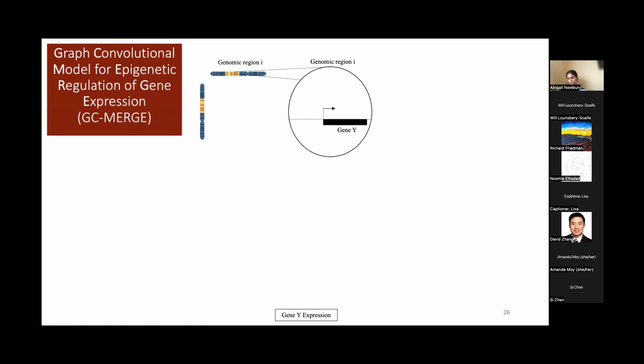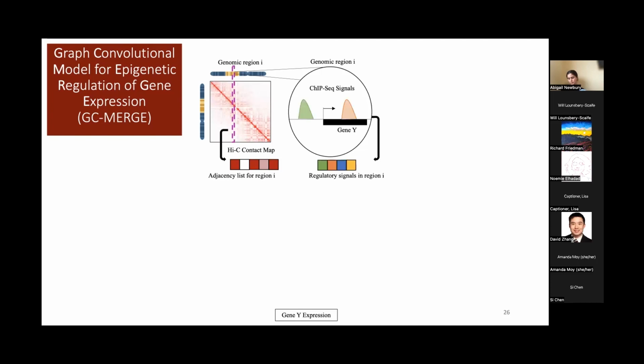So we call our method GC merge, and we use a graph-based neural network to solve the prediction task. So given a particular gene, we want to predict its expression. First, we get the notion of what are the neighboring nodes of that gene using the Hi-C contact map. That gives us the information of what the neighboring regions are. And then for each node, we get the numerical features as the signals of the histone modification ChIP-seq for all the histone modifications.